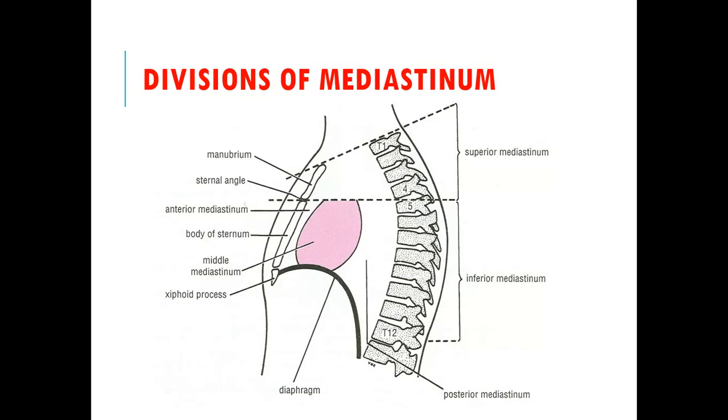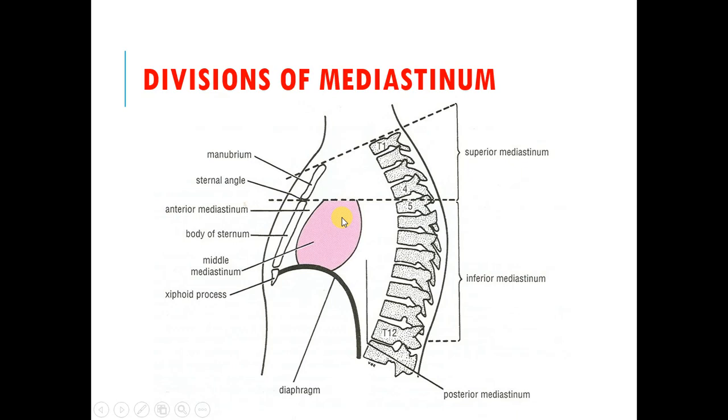Below the line of the sternal plane is the inferior mediastinum. The inferior mediastinum is further subdivided into three parts by the pericardial cavity and heart. In the pericardium, located is the heart.